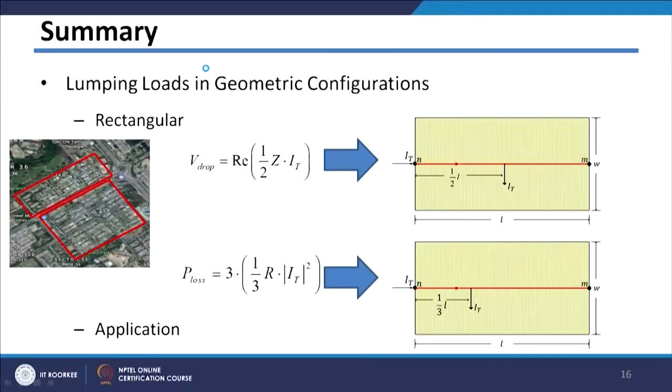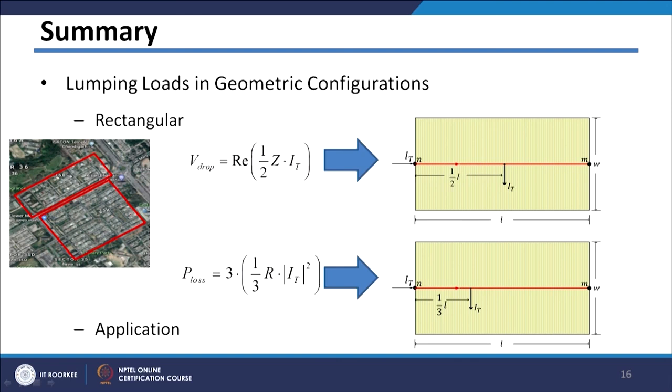So in summary, we have seen the lumping of load for different geometric configurations. We have started with rectangular configuration in this lecture, and we have derived equation for voltage drop and power loss.